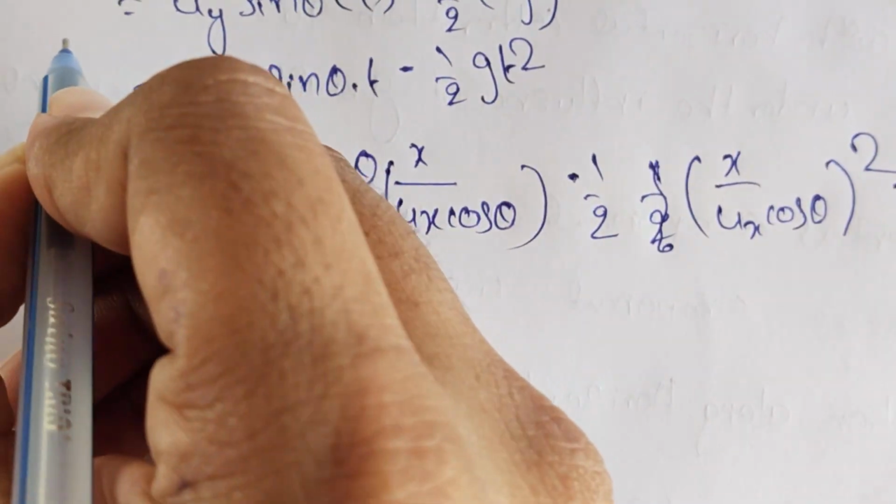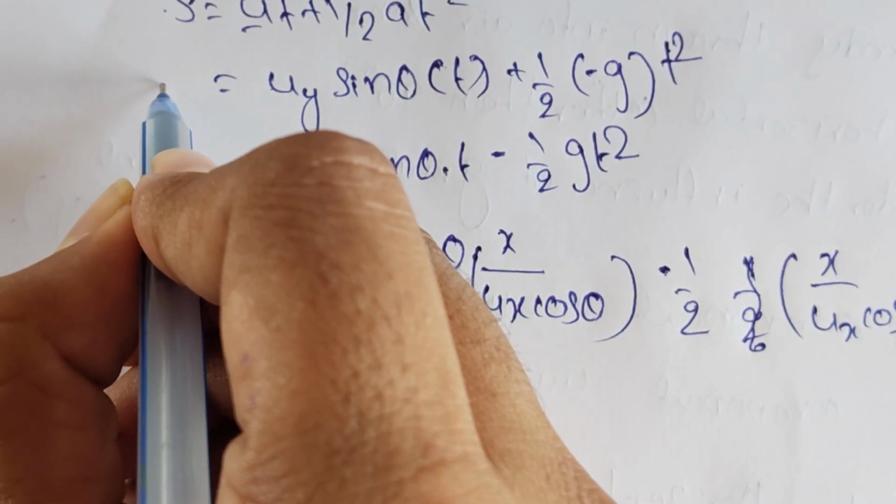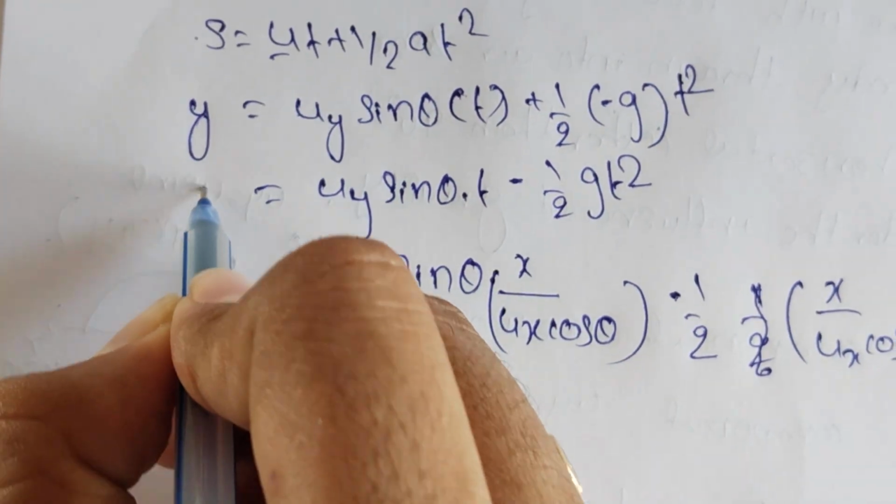In the vertical direction, we have displacement s equal to y.